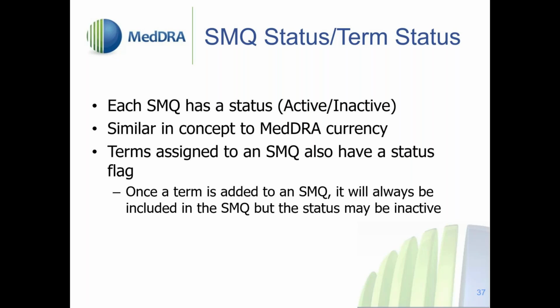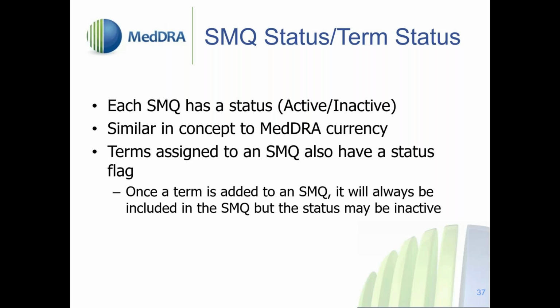Now, PTs and LLTs, if they are made inactive, remain as part of that SMQ. We don't take them out of that SMQ to allow you to assess legacy data. So if you had data in previous versions and did your analysis on a previous version, and then a couple of years down the line, one of those PTs was found to have been included in error, or there was improved information that made this PT no longer relevant to this SMQ and it was made inactive, we keep it in that SMQ and change the status to inactive.